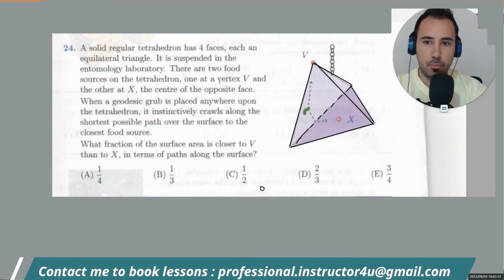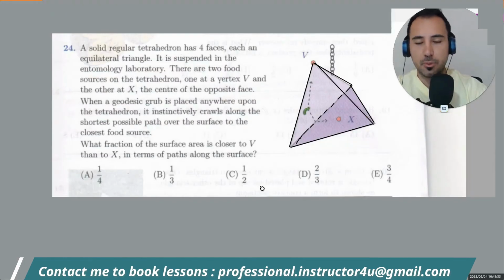When this worm, I'm going to call it worm, is placed anywhere upon the tetrahedron, it instinctively crawls along the shortest possible path over the surface to the closest food source. What fraction of the surface area is closer to V than to X in terms of path along the surface?